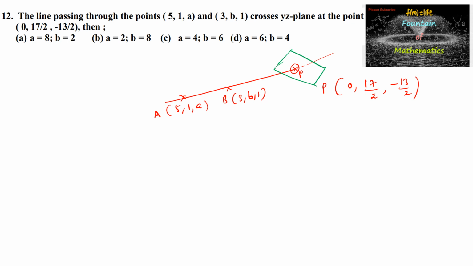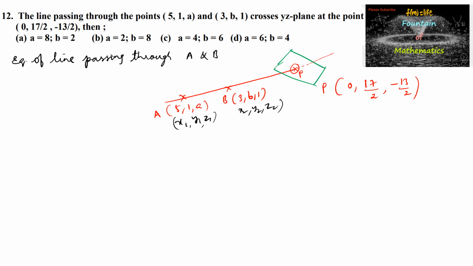Let us consider the equation of the line passing through the points A and B. Let us consider them to be x1, y1, z1 and x2, y2 and z2. So we have the equation (x minus x1) upon (x2 minus x1) is equal to (y minus y1) upon (y2 minus y1) is equal to (z minus z1) upon (z2 minus z1).